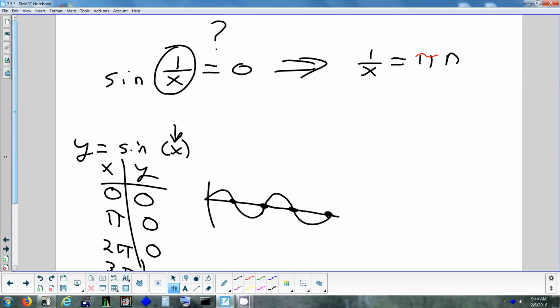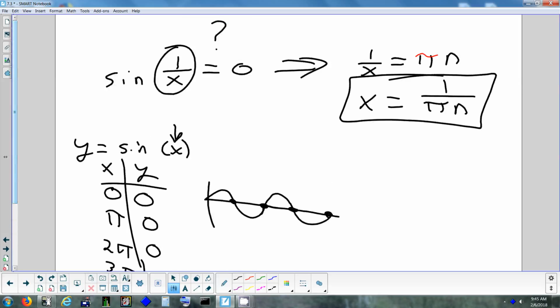So how would you get x by itself there? You could just take the reciprocal of each side. So the solutions are right there. Let n be any number you want, and you will get a solution.